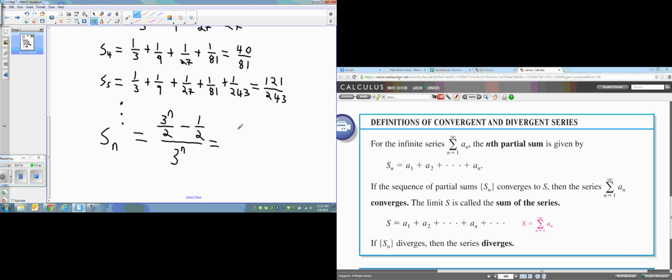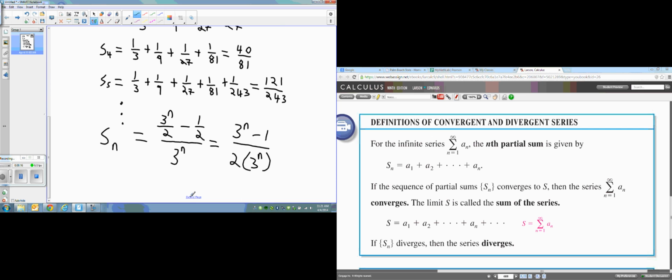So it seems to me as though this turns out to be 3 to the n minus 1 over 2 times 3 to the n. So there's a closed form for this. This is the nth term of this sequence.